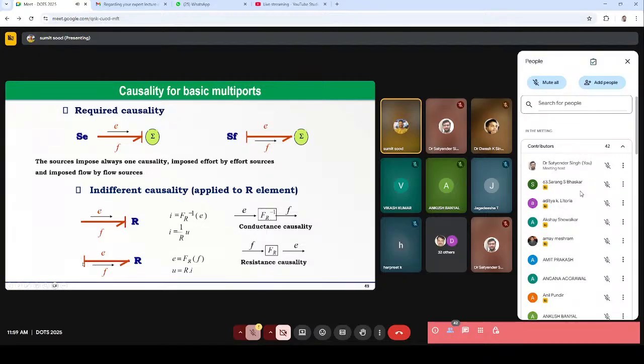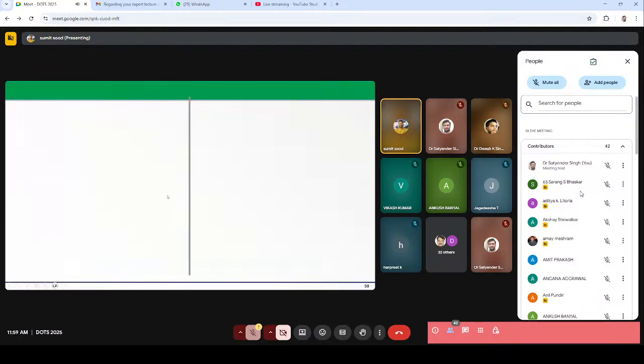If you put it on the left hand side, the flow will be the cause and the effort will be the effect. So basically it tells us what is the cause and what is going to be the effect, and this helps us in solving the bond graph in order to do the computation.